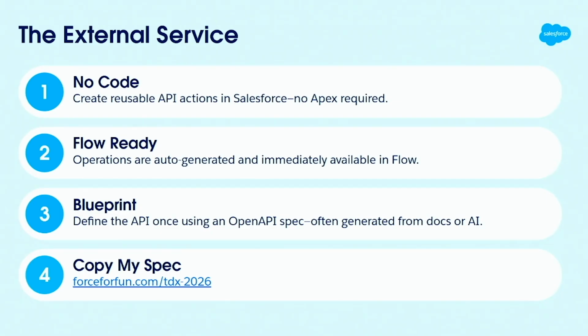It's going to outline exactly the operations, the inputs and the outputs that Salesforce is going to interact with when it sends a request to this API. I put a link down here, and I'll show it again at the end of the documentation, but I did provide a copy of the specification that I'm going to use as part of the demo that you can copy and paste if you want to try this later.